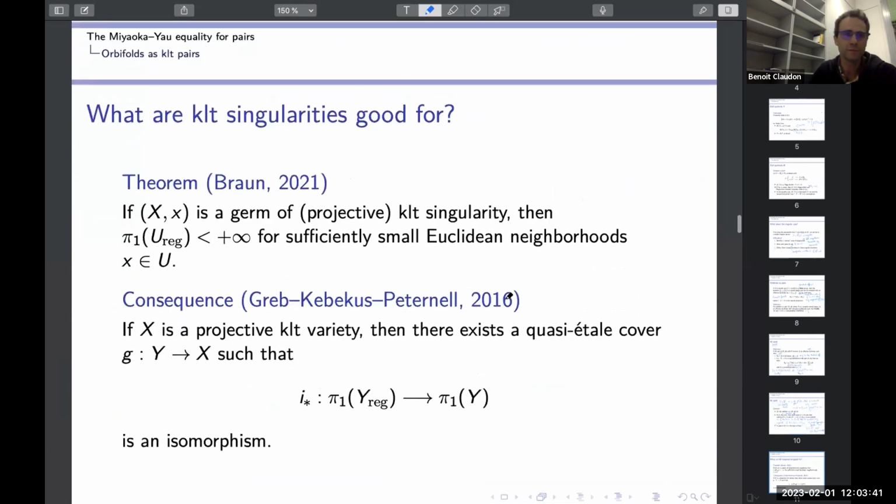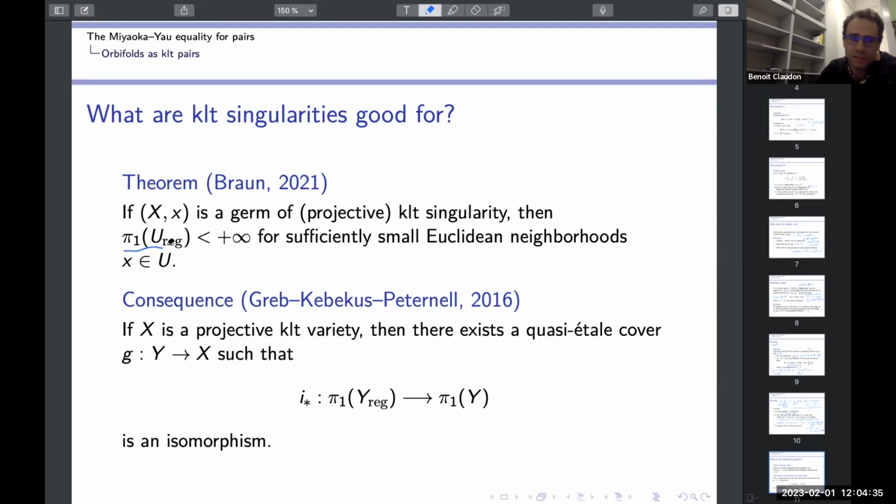Okay, so for us, I have to explain why this kind of singularities are interesting, and maybe a good explanation is, at least if you are concerned with topological questions, this very interesting result of Braun that says that if you look at the germ of projective KLT singularities, then the pi1 of the regular part of a sufficiently small neighborhood is finite.